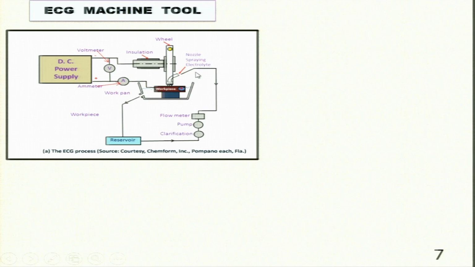The nozzle spraying electrolyte is shown over here with this arrow, and from here the electrolyte is taken out to the reservoir, filtration takes place, clarification takes place, then pumping is done, and a flow meter is there to monitor the flow rate of the electrolyte. And here is the workpiece, with a plus sign, so it is acting as anode, and this is the grinding wheel, with a minus sign, which means it is acting as the cathode.